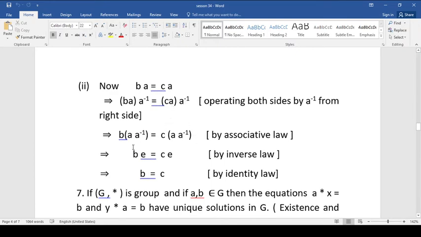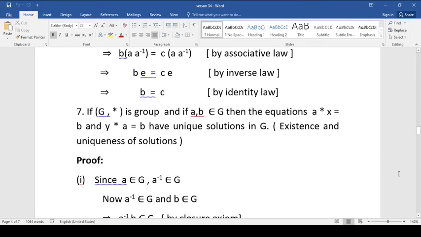So here a into a inverse is nothing but e, and here also a into a inverse is nothing but e. So that we get b is equal to c. That is, we have considered ba is equal to ca, and at the end we got b is equal to c. That is nothing but the right cancellation law.